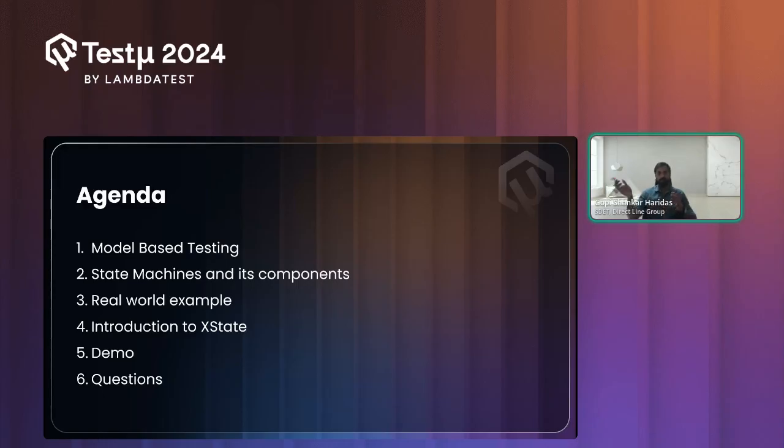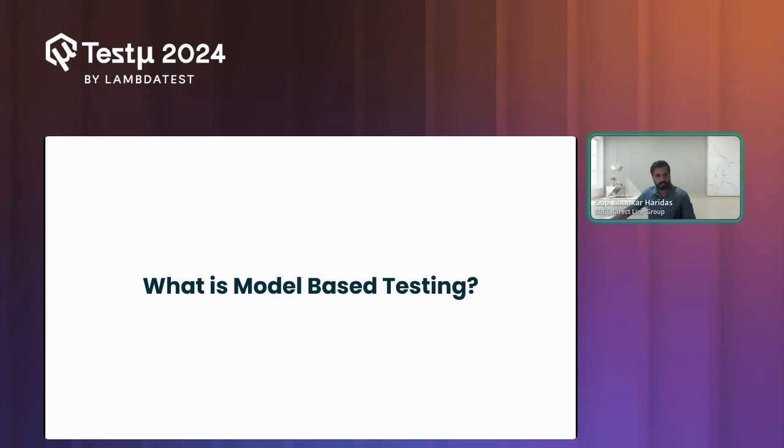Followed by that, we will have an introduction to a library called XState, which helps us build state machines and state charts. After that, we'll go to a quick demo. I will try to get my hands dirty building state machines and, of course, creating model-based tests so that we all can see how it goes. After that, I'm open for questions. So without further delay, let's start.